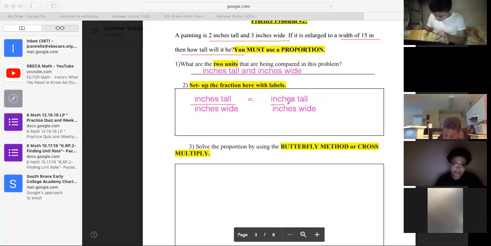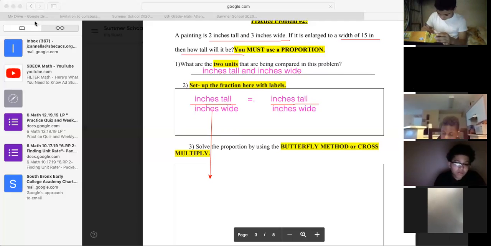See? Right from what Lorenzo said, we're comparing the height to the width. So now, Lorenzo, we're going to go back to the word problem, which I annotated in red, sir. And we're going to substitute the numbers in the correct spot. First, numbers go with the first proportion: 2 inches tall, 3 inches wide.